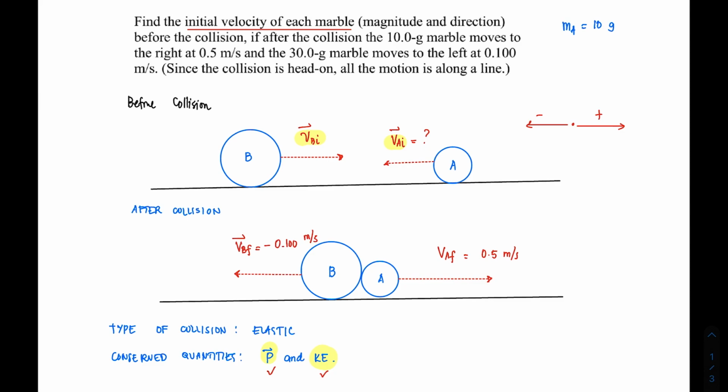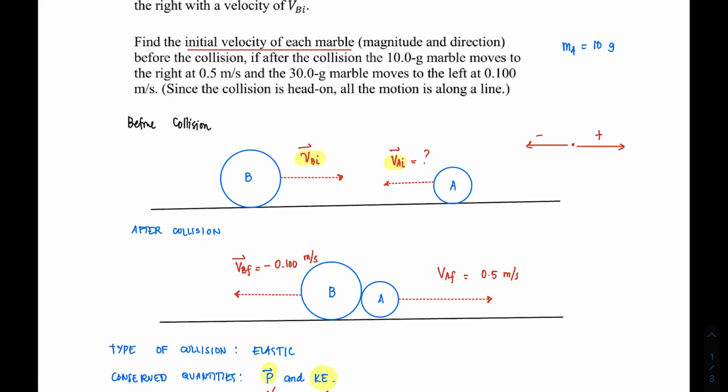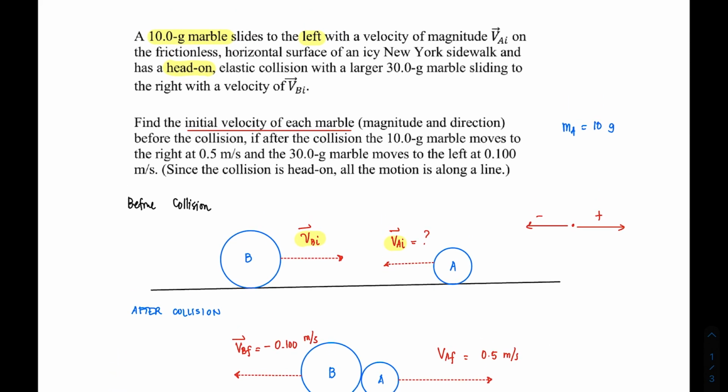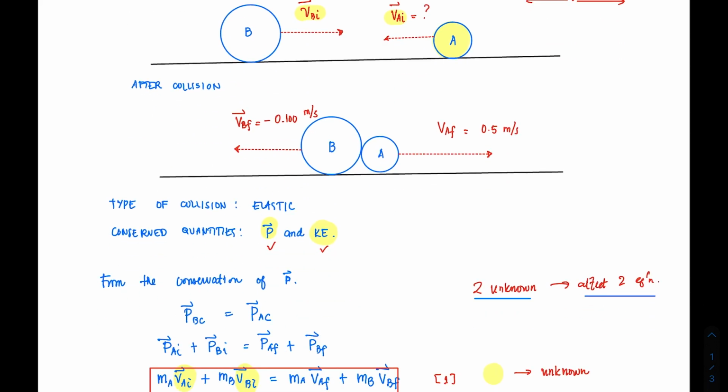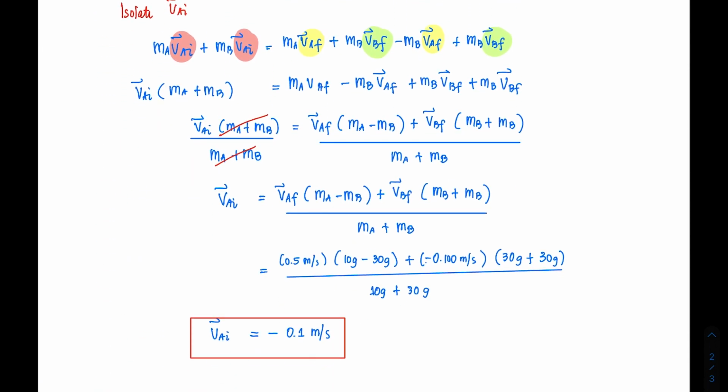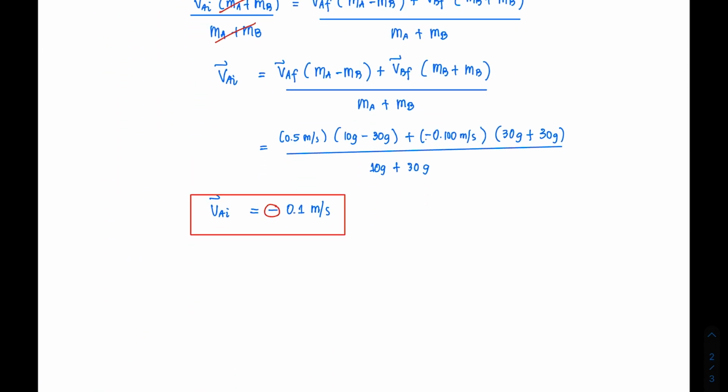Because from your sketch, it's stated in the problem that the 10-gram marble, which is your mass A, moves to the left. So that confirms we are getting the correct answer because of the negative sign. This indicates that indeed your VAI, or marble A, moves towards the left.